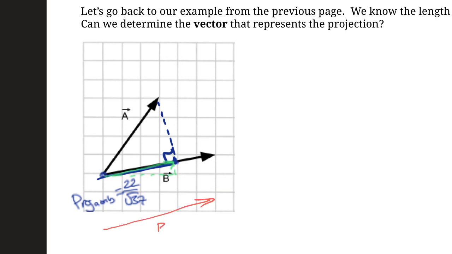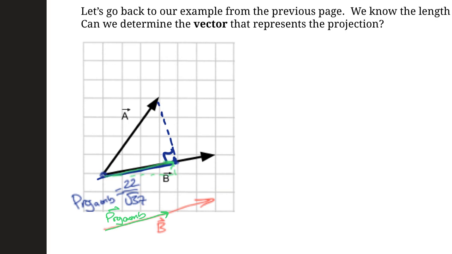This is our vector B. We basically want to shrink it down so it's the length of the projection. So this is the projection of A on B, and we put an arrow on top of it when it's represented as a vector. That's the only difference. So we want to scale it down, but we need to figure out how much to scale it down by.